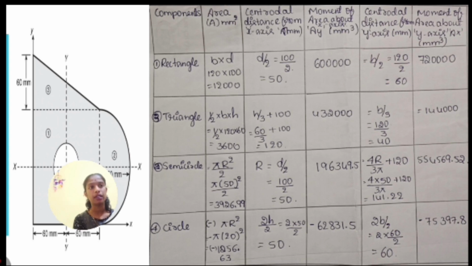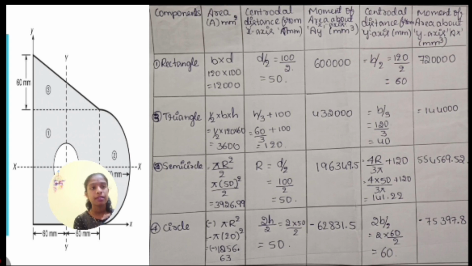And next we have to calculate the moment of area about the y-axis in millimeter cube. That moment of area equals area into centroidal distance from the y-axis. So area 12,000 and centroidal distance from the y-axis 60. 12,000 into 60, we get 7,20,000. And next for the triangle, we multiply area into centroidal distance, we get 1,44,000.